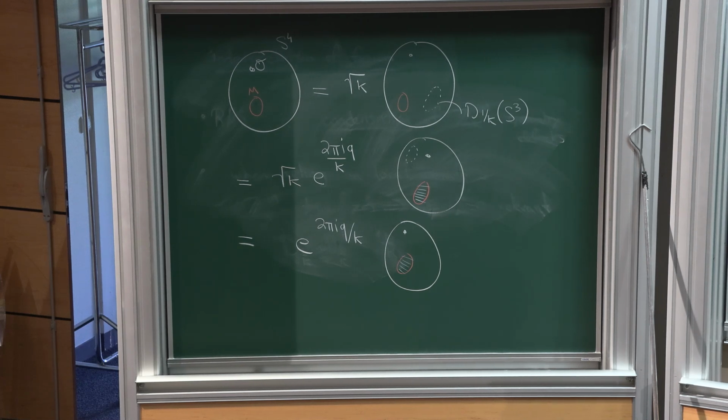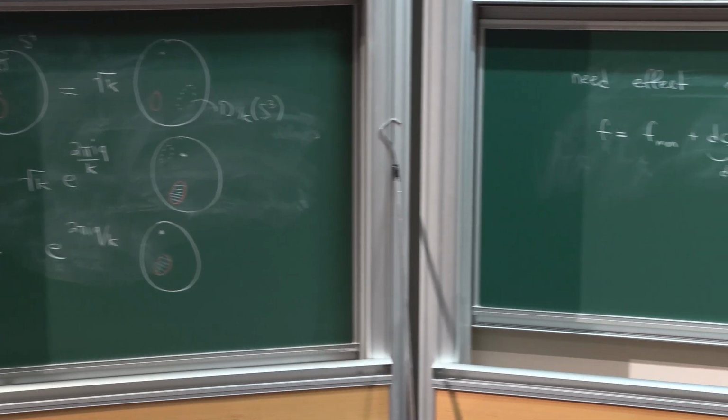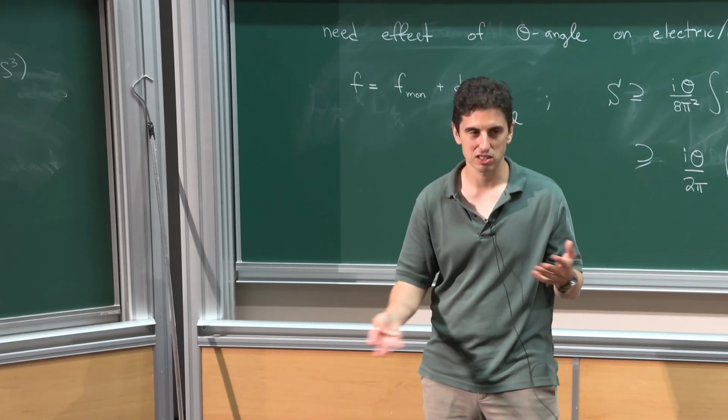So does anything interesting happen if you change the S4 into S1 times S3 and have everything stretching along this? Yeah, so great question. For instance, Max asked me at the beginning, when I was giving this motivation from 't Hooft, that 't Hooft reasoning is only valid for S4. If you choose T4 or maybe some other manifold, S1 times S3, everything looks different.